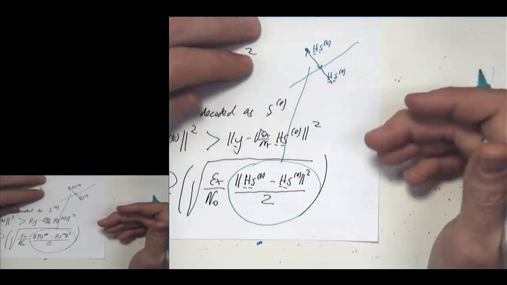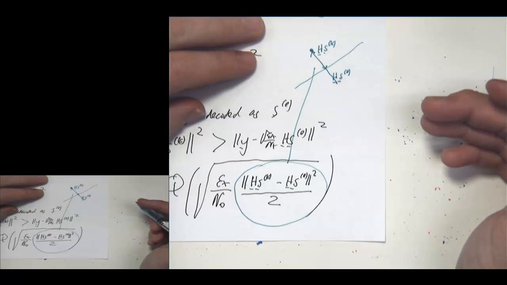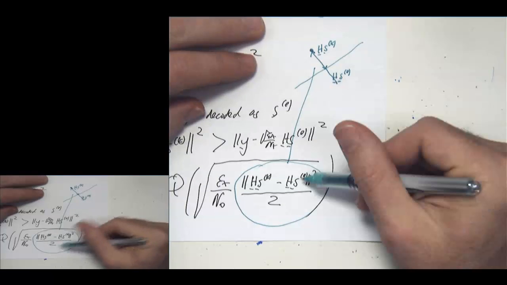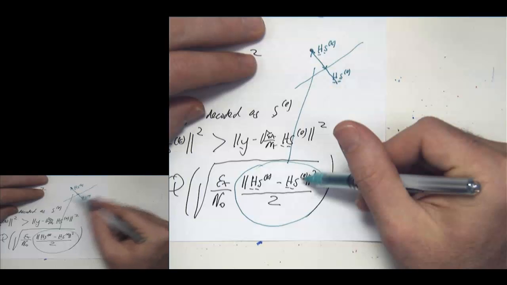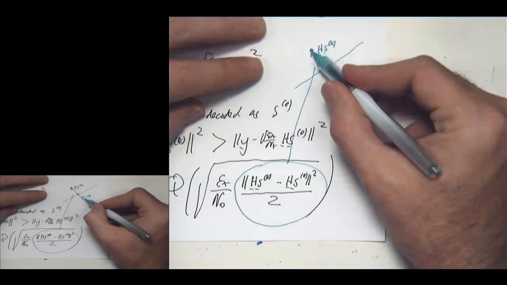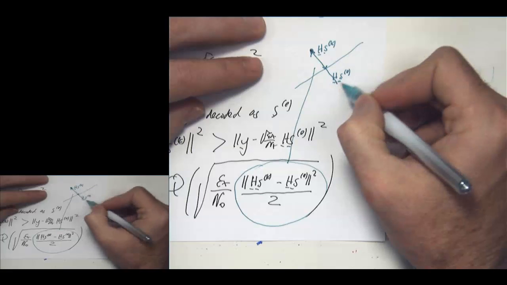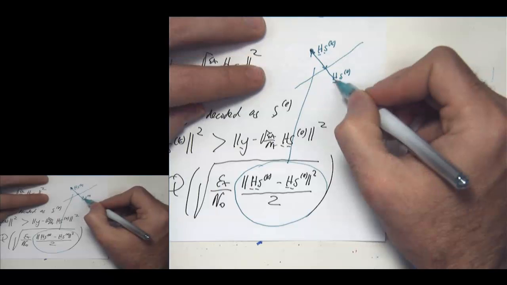And you can show, and we do not have to show for this class, that this is the appropriate generalization of exactly the same concept in the scalar case. In the scalar case, these were just two complex points, and the distance between them would correspond to the minimum distance.